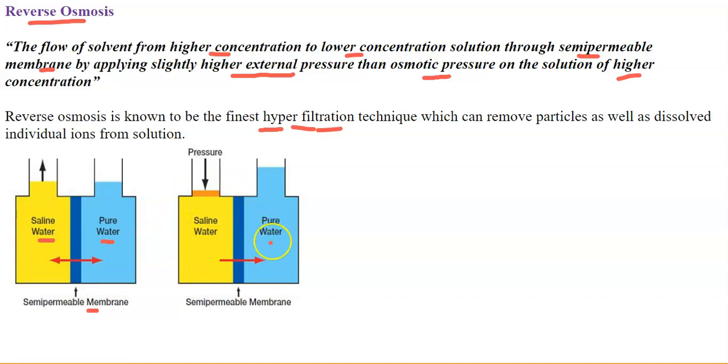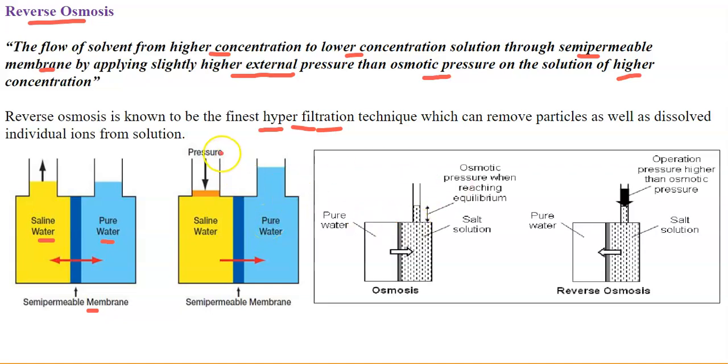So as a result of this process, we will get pure water at one side and all the impurities, salt impurities which were present in water will remain on the left side. So the overall result would be we will get pure water, that is softened water.